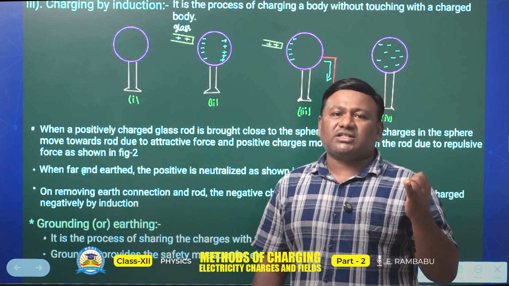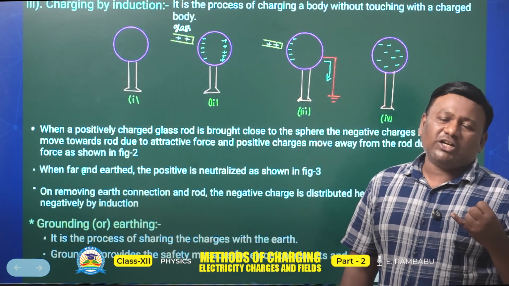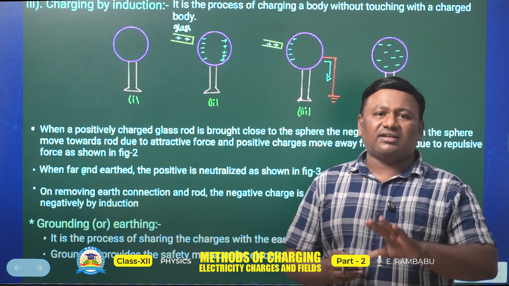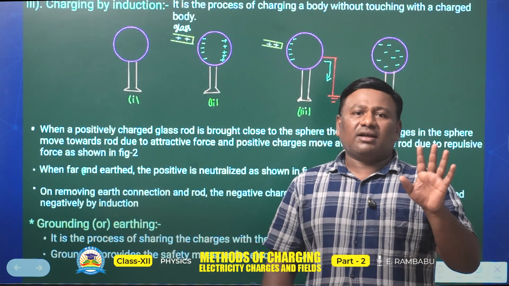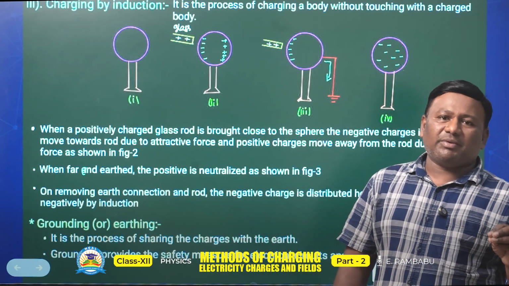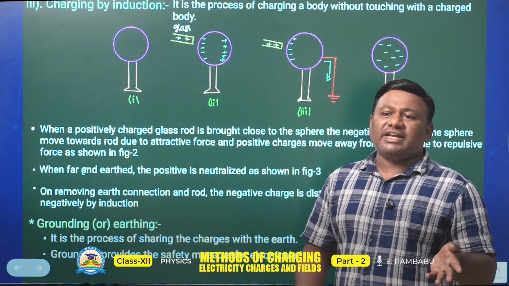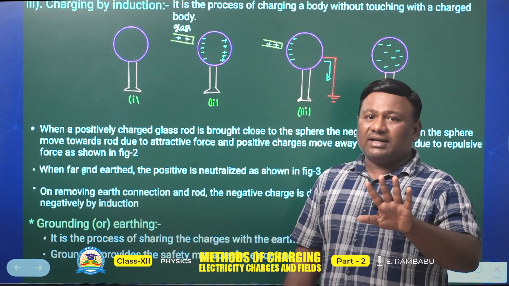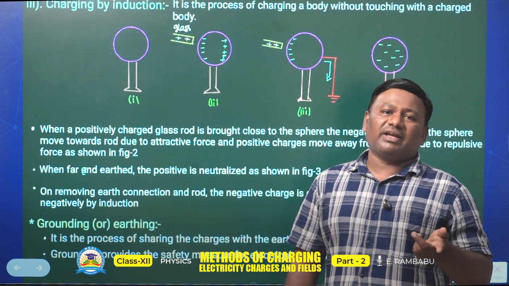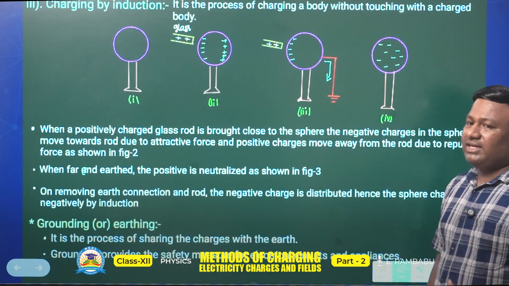So there are three methods of charging. First method is charging by friction. When two suitable bodies are rubbed on each other, one body loses electrons and one body gains electrons. Then the body which lost electrons becomes positively charged, and the body which gained electrons becomes negatively charged. So in that procedure, both bodies acquire opposite charges. Second one is conduction.